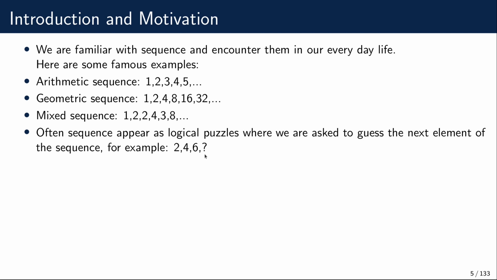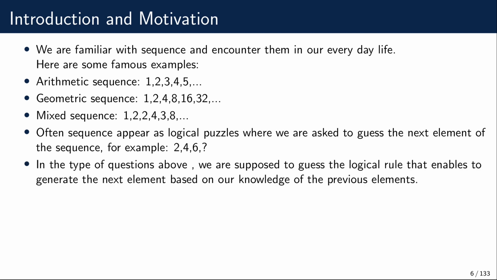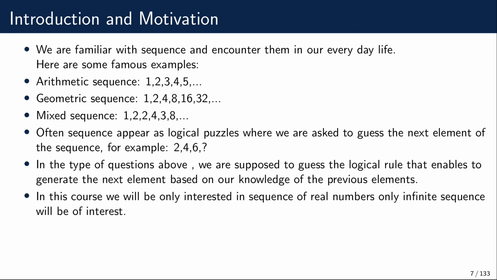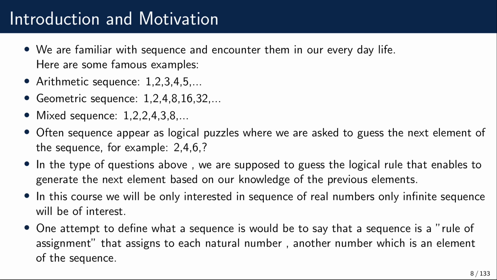But still, we think that there is some rule for generating the next elements from the previous ones, right? And so this will lead us to the definition of how we should define a sequence as something logical. Of course, we will be interested in sequences of real numbers, and only infinite sequences will be of interest.